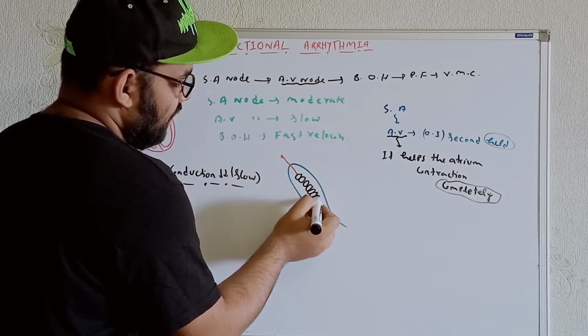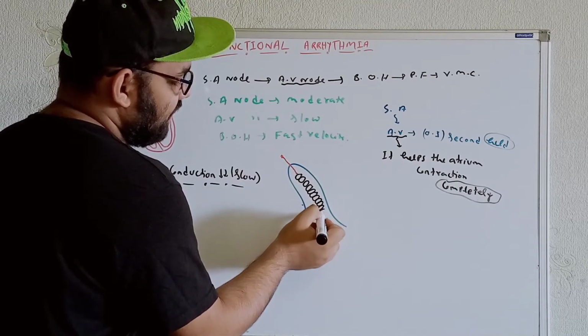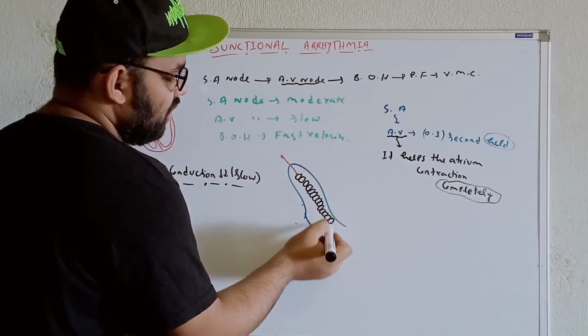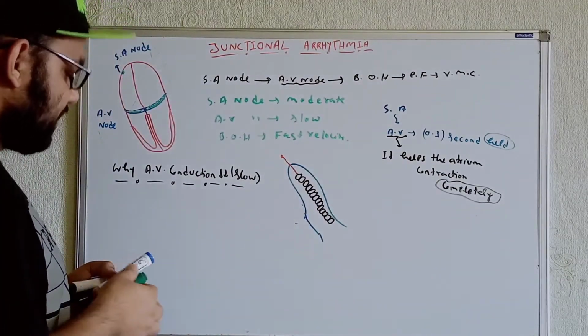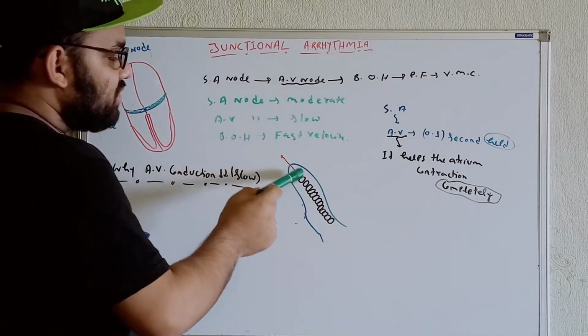Now see, whenever the electrical impulse needs to cross the AV node to go to the ventricle, this electrical impulse needs to cross multiple membranes of the smaller cells.